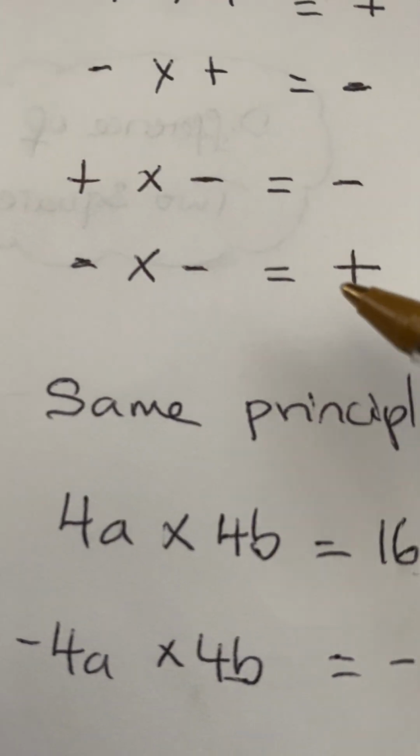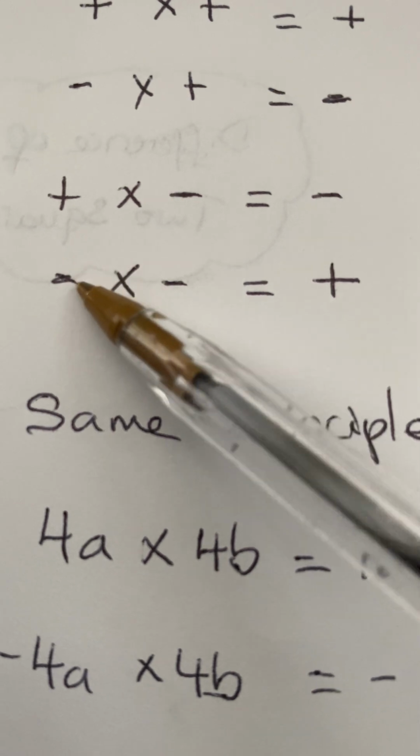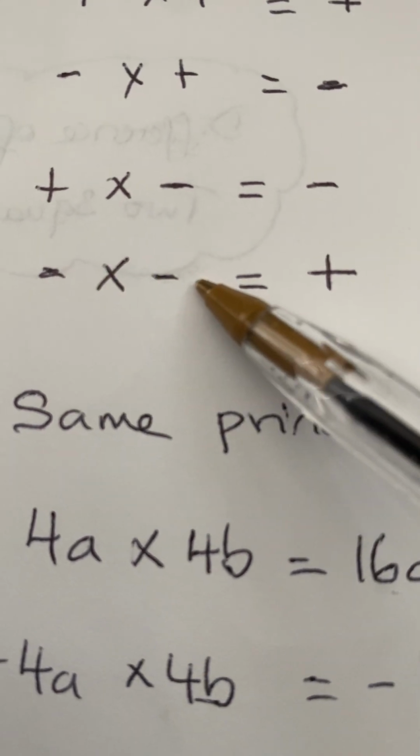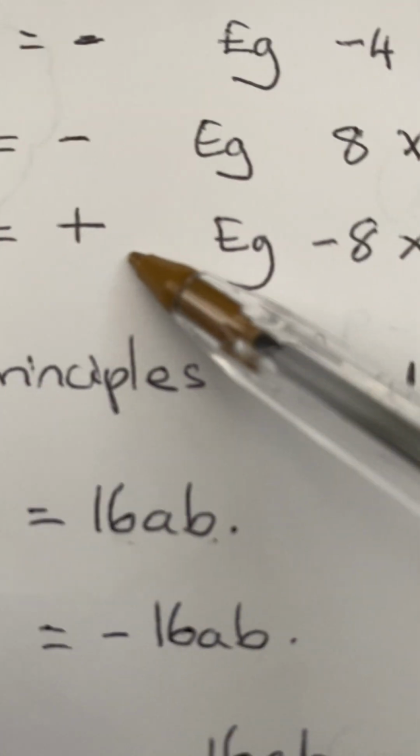For the last one, if you are multiplying two negative numbers, then you get a positive. So minus 8 times minus 4 is 32. If it's a variable, minus a times minus b will give you ab.